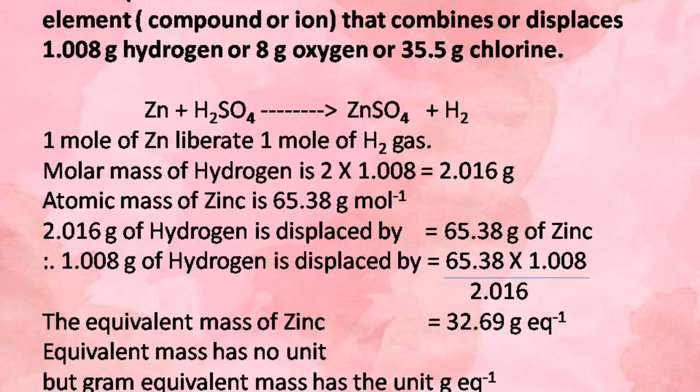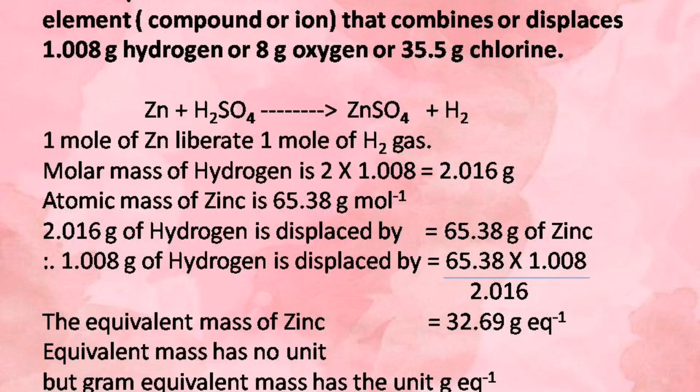Now the atomic mass of zinc is 65.38 gram per mole. Here according to the equation, 2.016 gram of hydrogen is displaced by 65.38 gram of zinc. Therefore, 1.008 gram of hydrogen, that is the equivalent mass of hydrogen, is displaced by 65.38 into 1.008 divided by 2.016, we get 32.69 gram per equivalent.